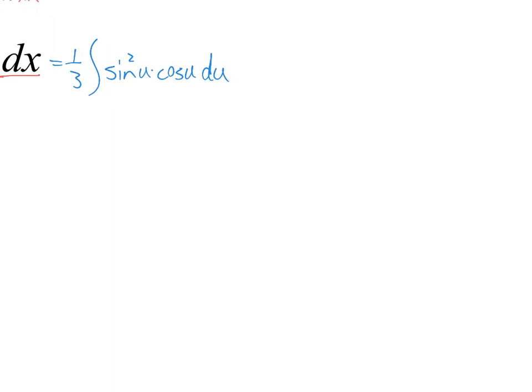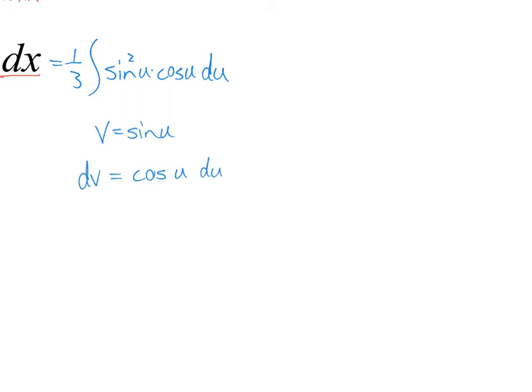I'll make it a v. Okay, so we don't want to use u twice. Alright, so I'm going to make the inner function my sine of u. So what's dv? What's the derivative of sine of u? Cosine. Cosine u du.